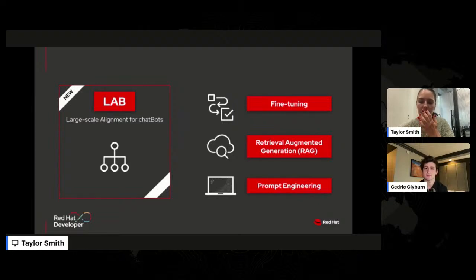Like the example you gave with the JSON output, that would be a good example of, and we're trying to figure things out like that right now, but to fine tune on that specific skill is what we would call it for InstructLab.